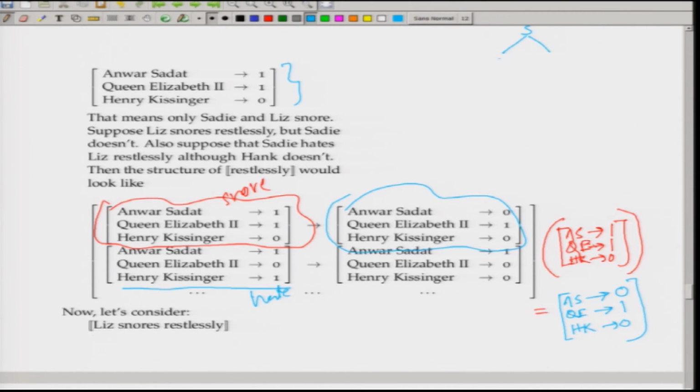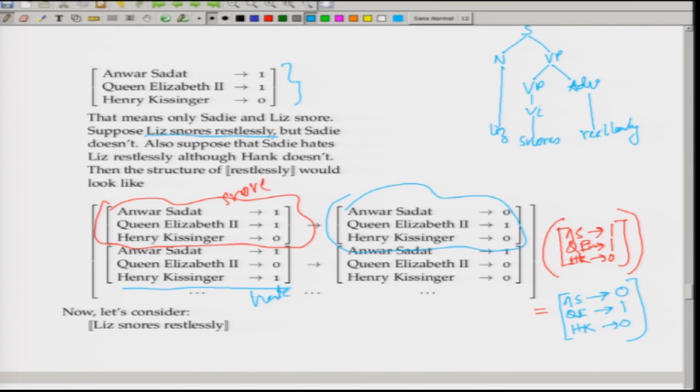S goes to N VP, VP goes to VP and ADV, and N goes to Liz, and VP once again goes to VI. Just a simple thing. VI goes to snores, and ADV is restlessly.